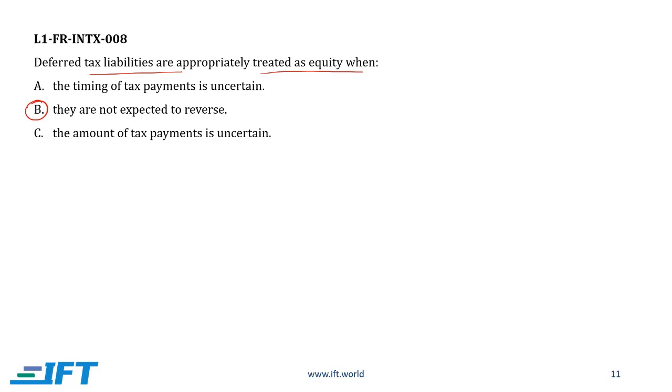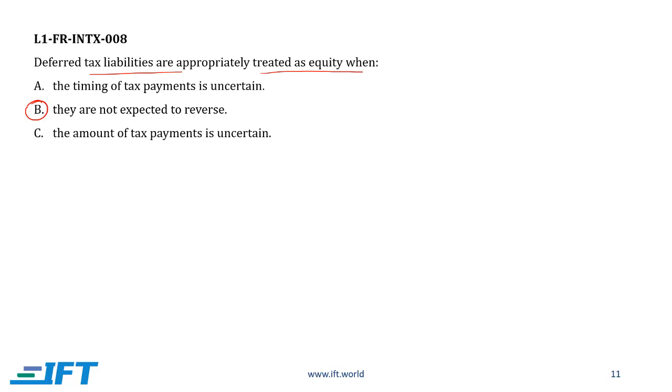There is a classical example. Now you need to understand, if a company keeps on buying assets, one asset, another, each year it's buying assets, then it is not a temporary difference, it is a permanent difference.